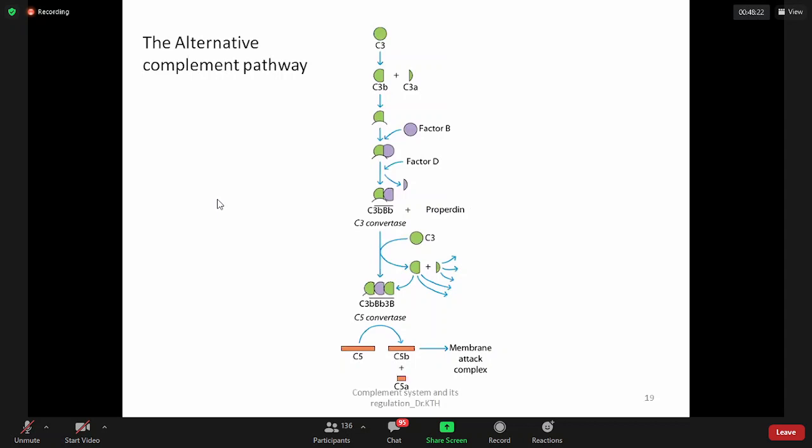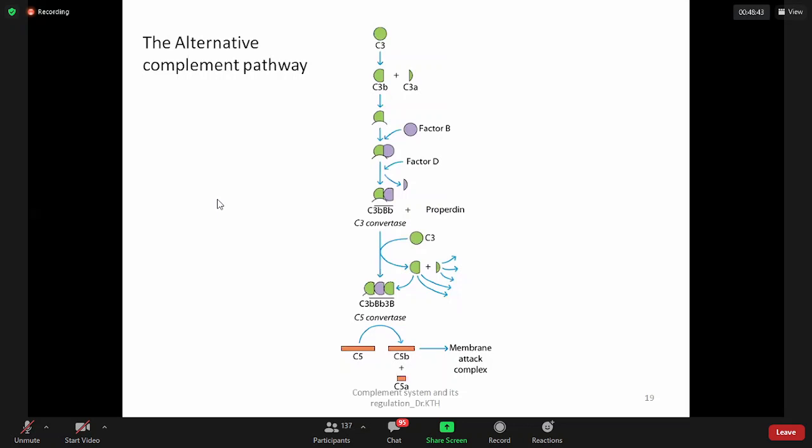So we have spontaneous hydrolysis that occurs, which produces C3A and C3B. So in the presence of an antigen, this C3B will bind to the antigen, okay?